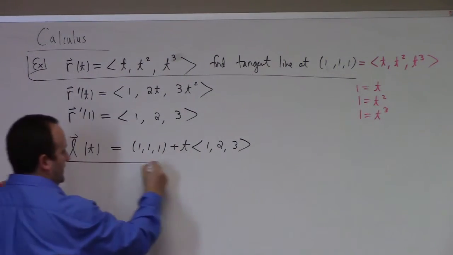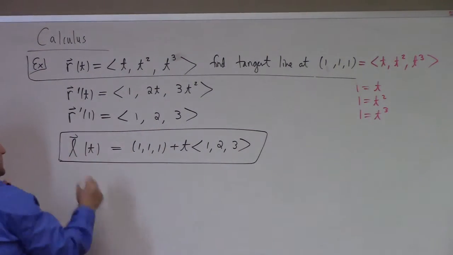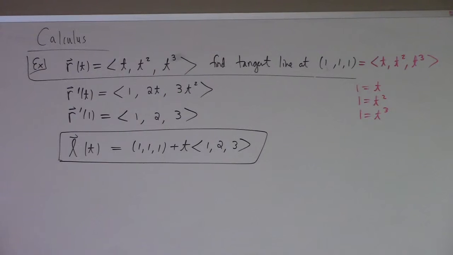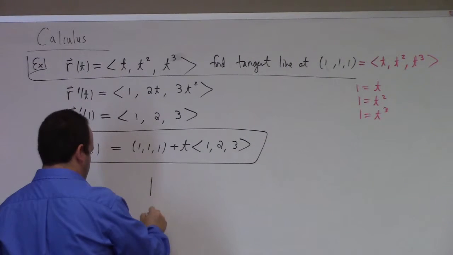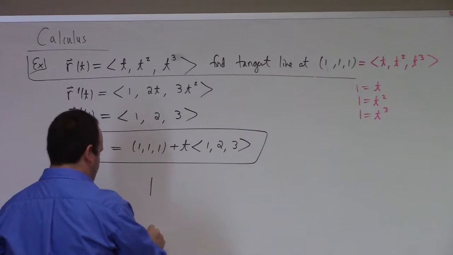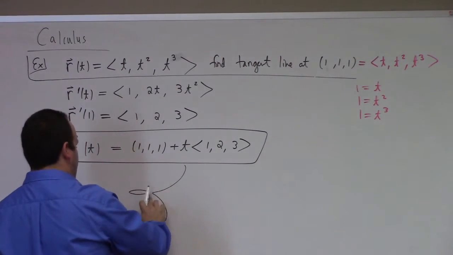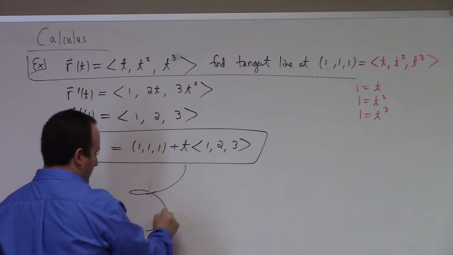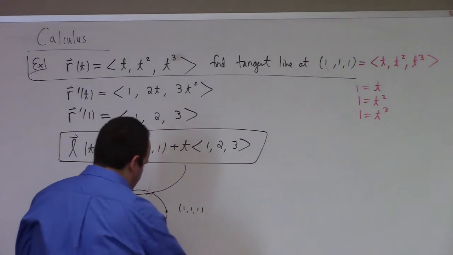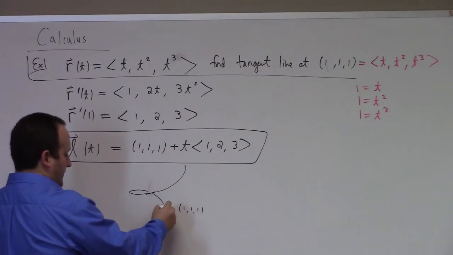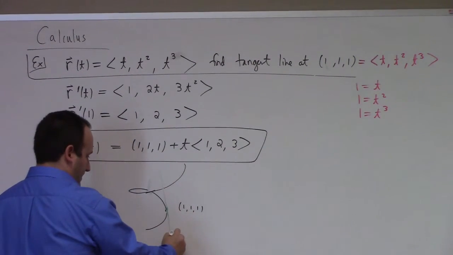And that, folks, is the tangent line to the curve at that point. So if I was so foolish as to draw this thing, I won't really try. It's something like that, and then this point maybe is 1, 1, 1. We found the equation for the tangent line, L.